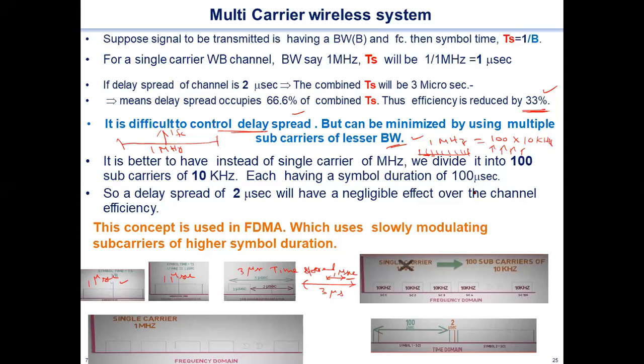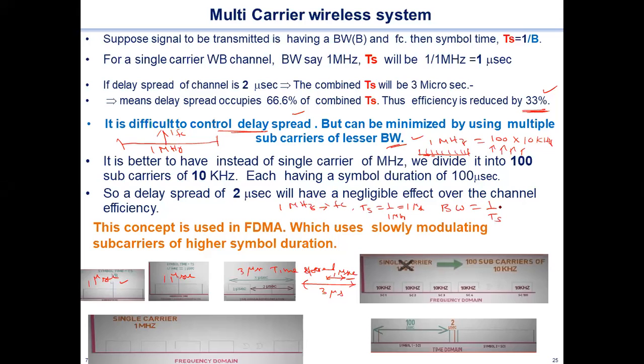Then as we know, bandwidth equals 1 by symbol period. So earlier 1 megahertz bandwidth FC corresponds to symbol period equals 1 by 1 megahertz equals 1 microsecond.